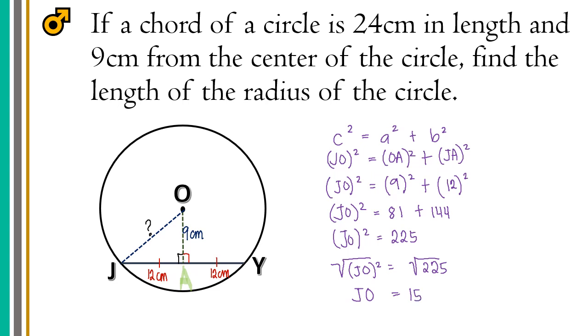This is the last part of our computation, and let us not forget the unit of measurement, so centimeters. Therefore, our final answer for this problem is that the radius of the circle is 15 centimeters based on the given data.